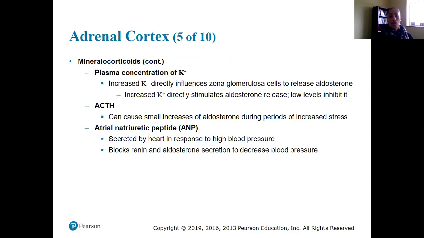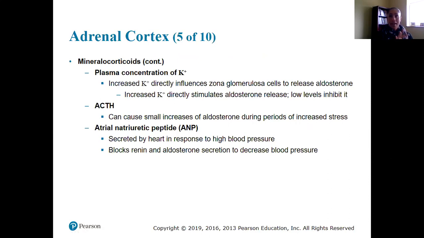And then the atrial natriuretic peptides are secreted by the heart in response to high blood pressure. I'm sorry, if you're experiencing high blood pressure, then ANP can be secreted by the heart. That will block renin and aldosterone secretion to decrease blood pressure.